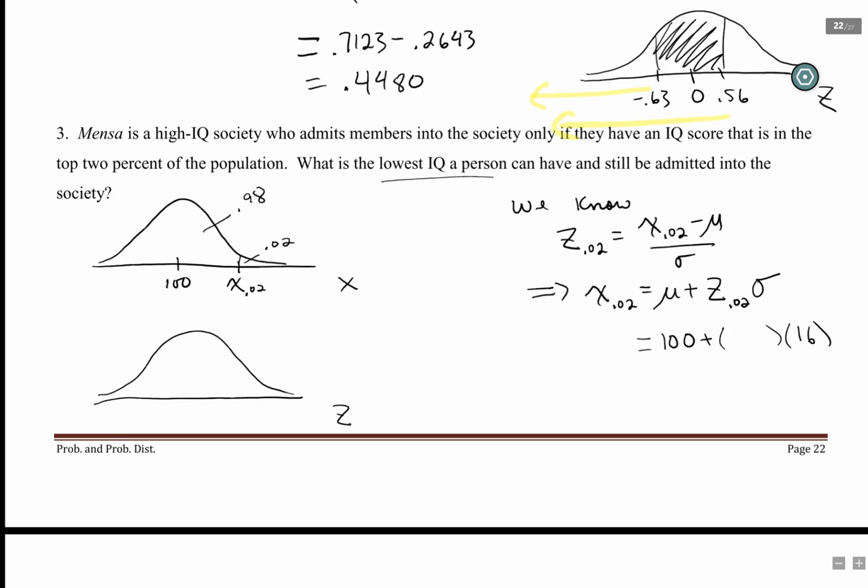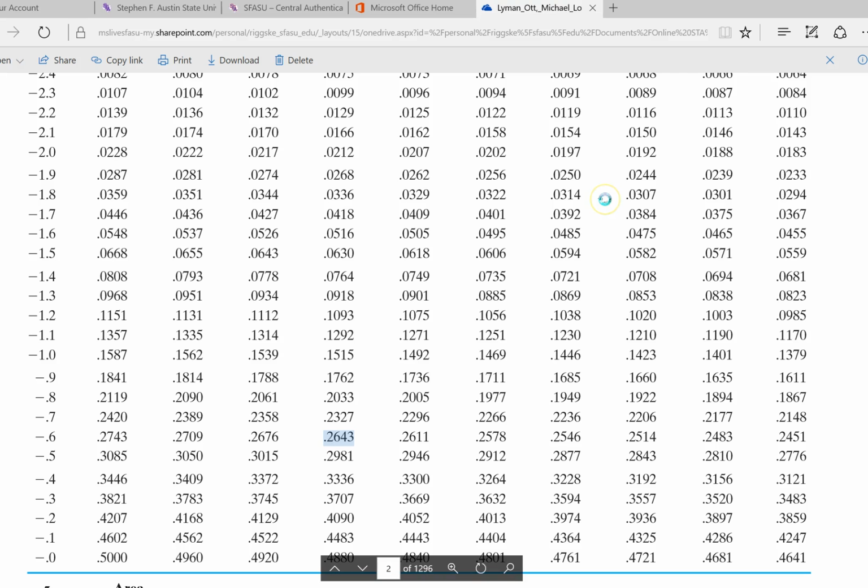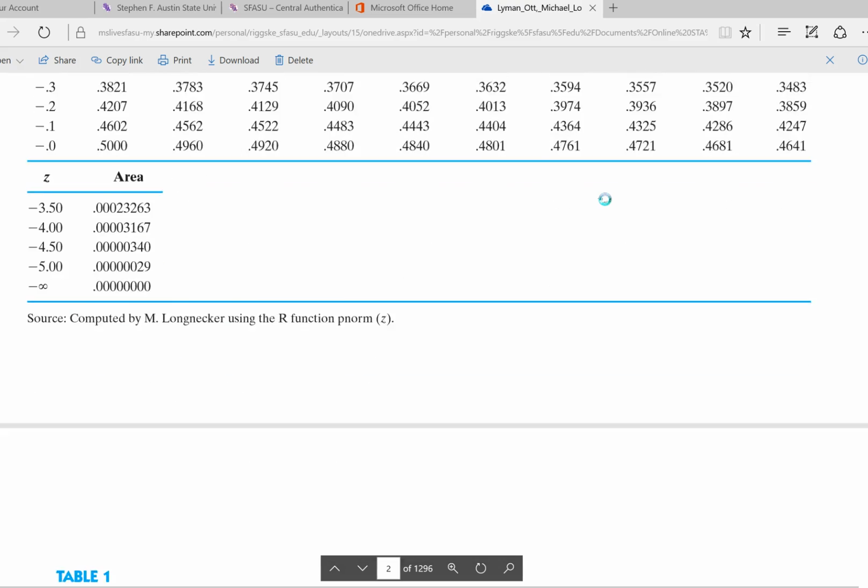On the bell curve, z sub 0.02 is the z value such that the area under the curve to the right of it is 0.02, and the area under the curve to the left is 0.98. So I'll look in our table for a left area of 0.98.